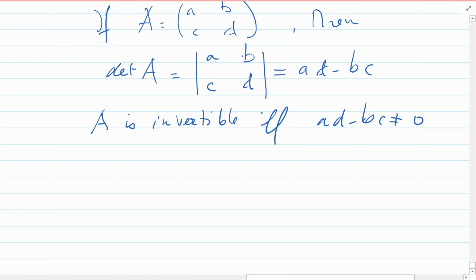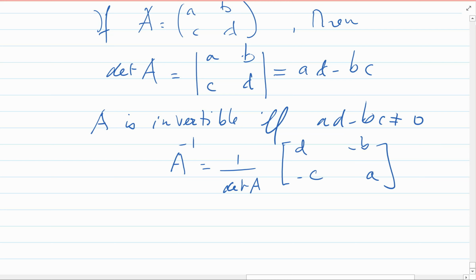Okay, and we have even the inverse. We have seen that the inverse, in fact, is given in terms of 1 over the determinant of A times a certain matrix, which is [d, minus b; minus c, a]. So we have seen all this before.